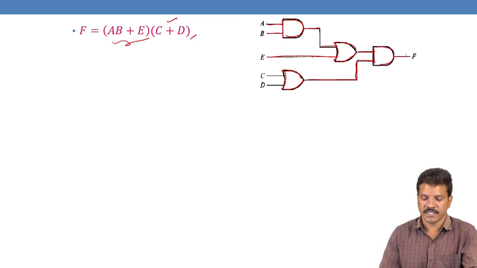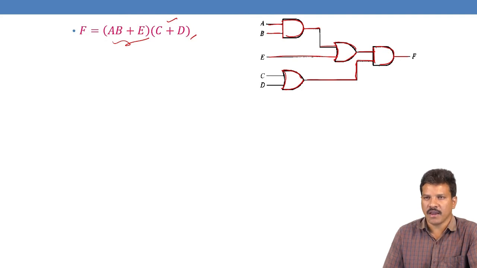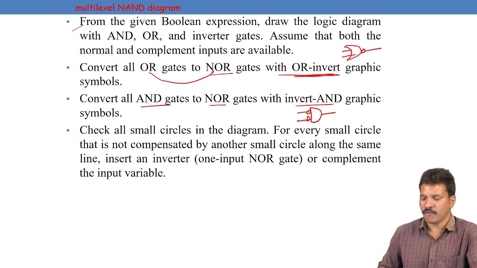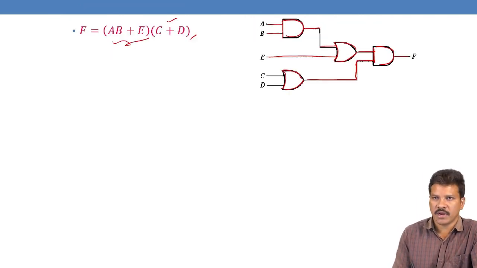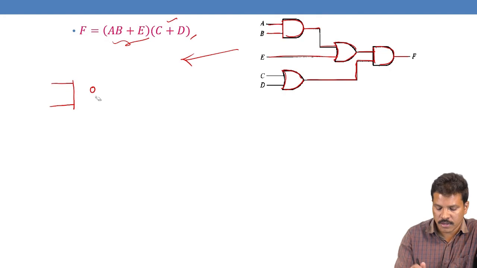Now how do we convert this Boolean function into NOR implementation? As I said, wherever there is an OR gate, that OR gate is replaced with the OR inverter, and the AND gate is replaced with the bubbled AND gate. So if you convert this diagram into NOR implementation, we take AB with a bubbled AND gate.